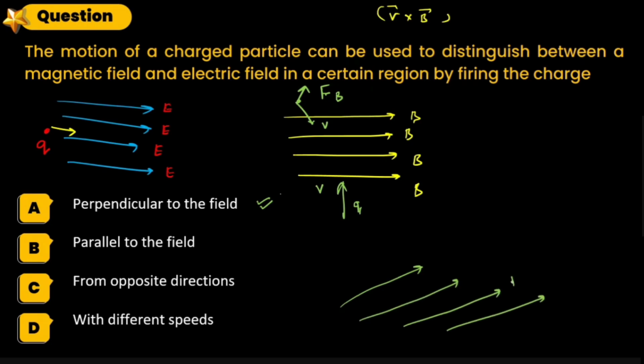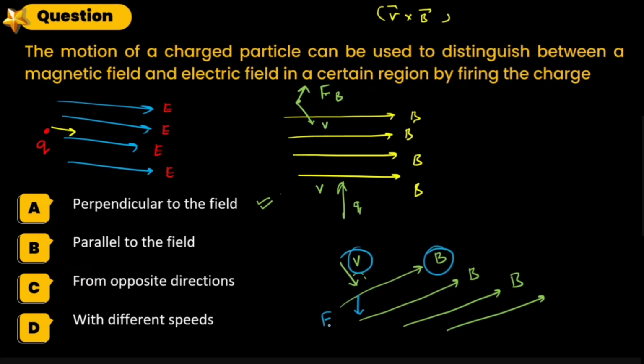This is the magnetic field and I have put my charged particle perpendicular to it. So there must be some magnetic force, which must be acting again perpendicular to the direction of field as well as the velocity.